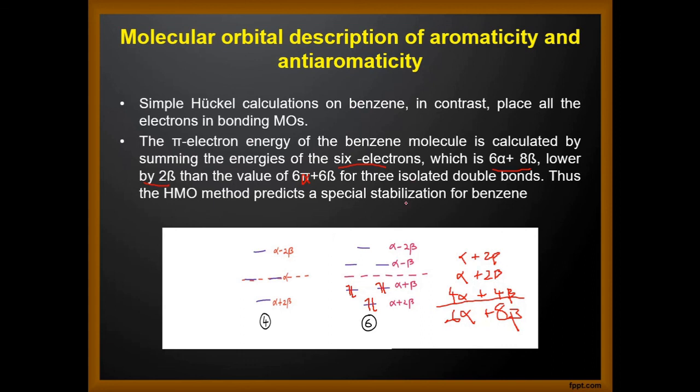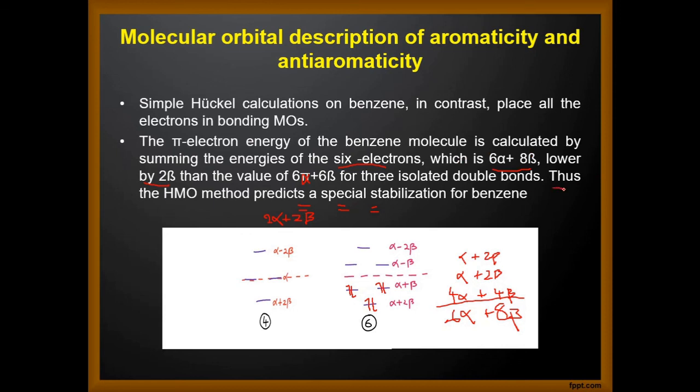So beta contributes to the negative potential. Therefore, the corresponding calculation using Hückel molecular orbital shows that the energy with respect to the electronic arrangement is equal to 6 alpha plus 8 beta, which is lower by 2 beta than the value of 6 alpha plus 6 beta, because if you take 3 isolated double bonds, each double bond contributes 2 alpha plus 2 beta, therefore 3 double bonds should be 6 alpha plus 6 beta, but our benzene shows 6 alpha plus 8 beta.